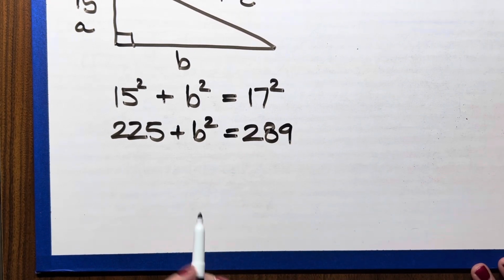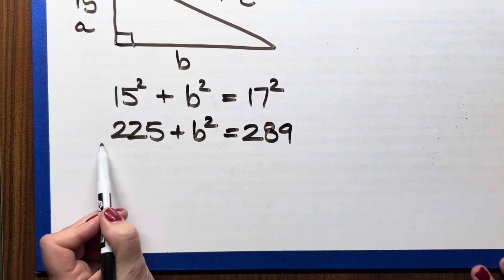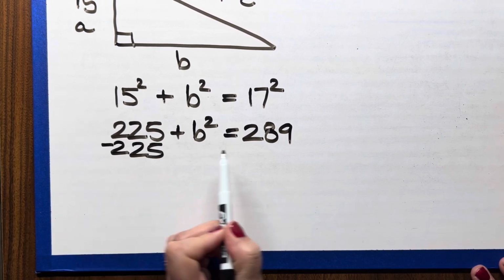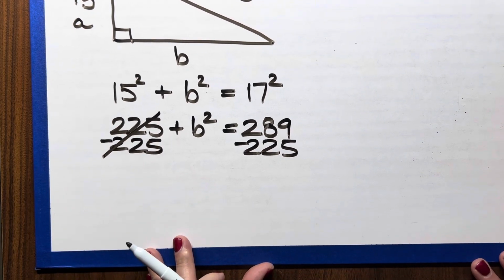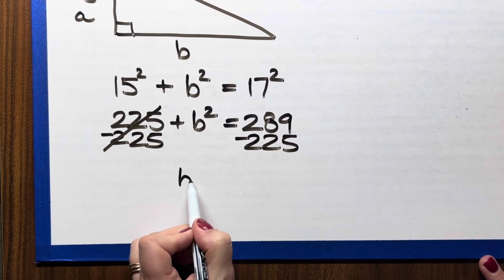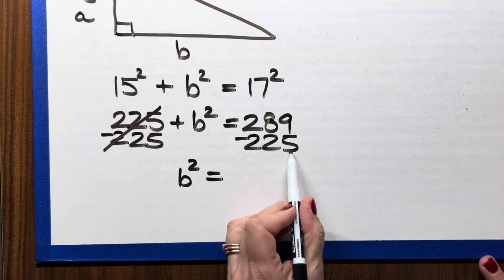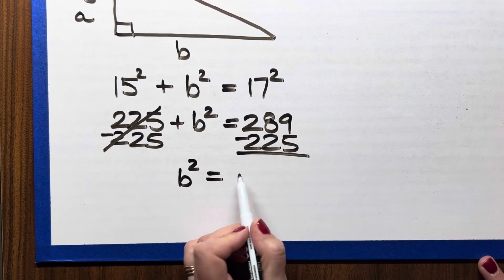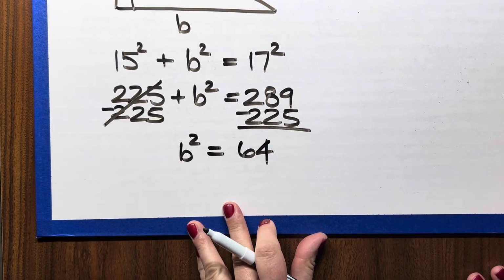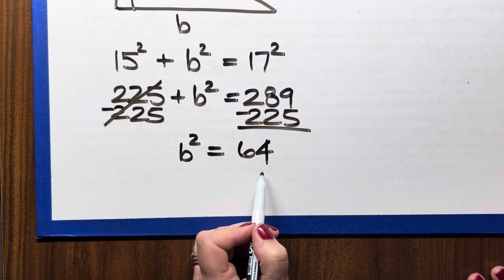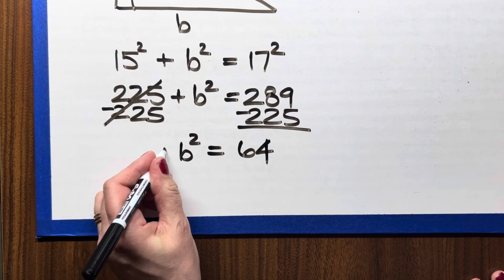Now this time, to solve for the b, I'm going to have to move this 225. So I'm going to subtract 225 from both sides of my equation. So now I have b squared, and when I subtract over here, I'm going to get 64. So now my step here is the same as the last step in the previous problem.